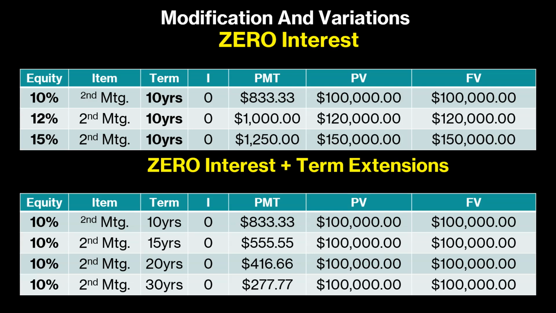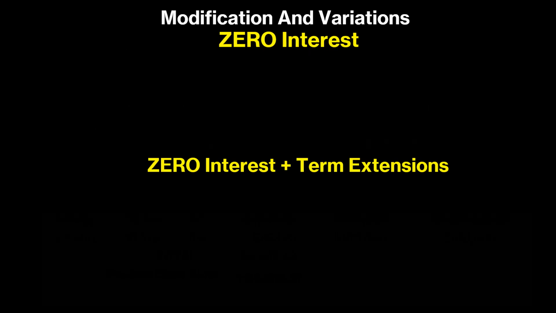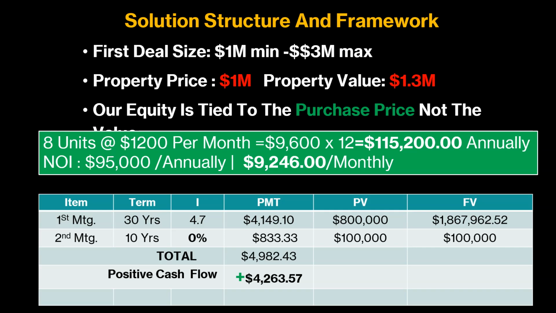But let me show you something here. If the property is cash flowing at $4,263 a month, and my client has a greed issue and says he'd like to get the payments down on the 833, that's zero interest, and he asks for that, then I can do the other stuff.